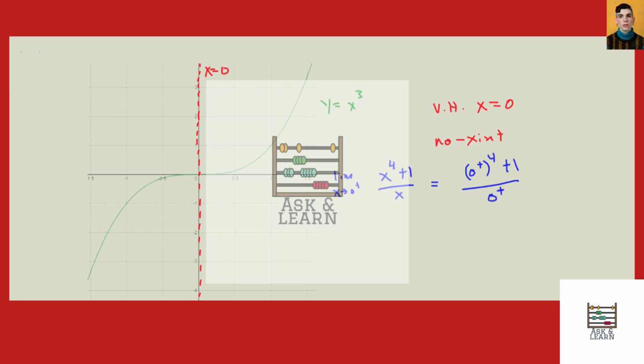If we raise anything that's slightly positive, which means coming from the right, to an even power, that should still be positive. So we're going to have 0 from the right plus 1 over 0 from the right, and then adding something slightly to the right of 0 and 1 should still give us something positive, and then dividing that by something positive gives us infinity. So we know that the right-hand side of this will look something kind of like this.